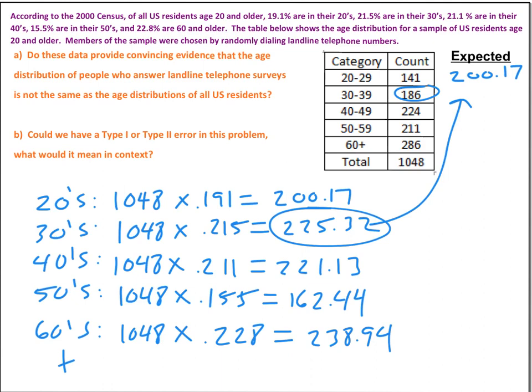And again, the test is going to really be a comparison of these two. Do they seem like they would be the same, or not so much? Okay, and again, what we're checking is the distribution of ages and homes that have a landline phone to see if they are the same or not.